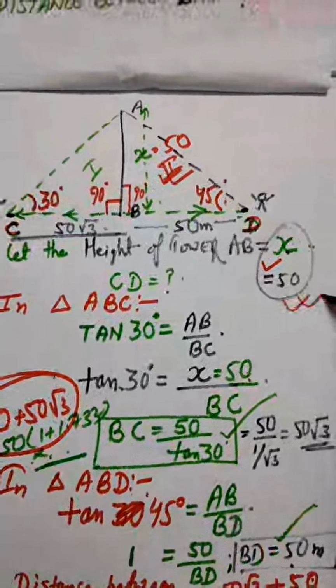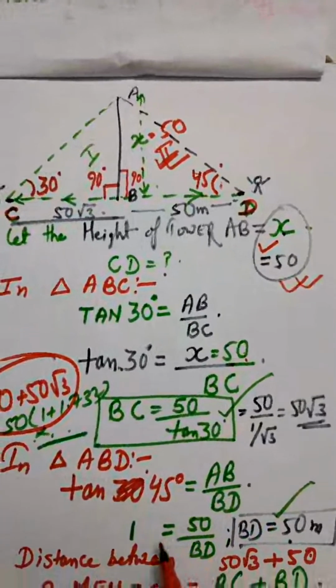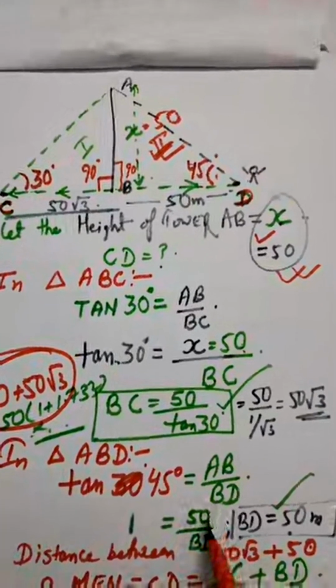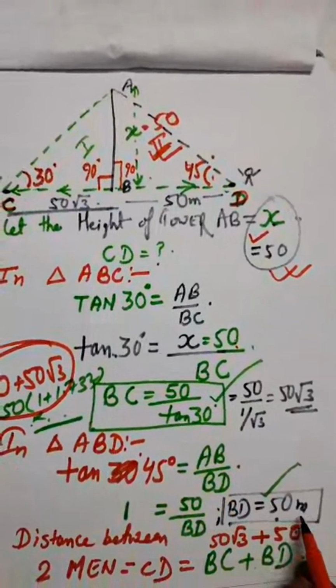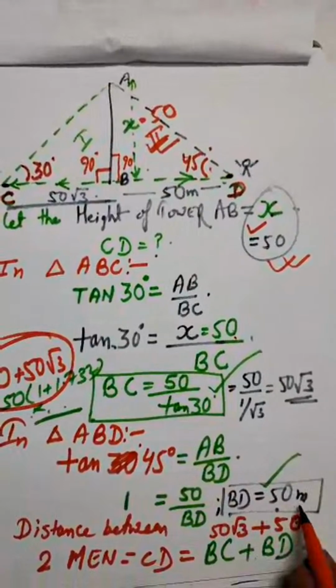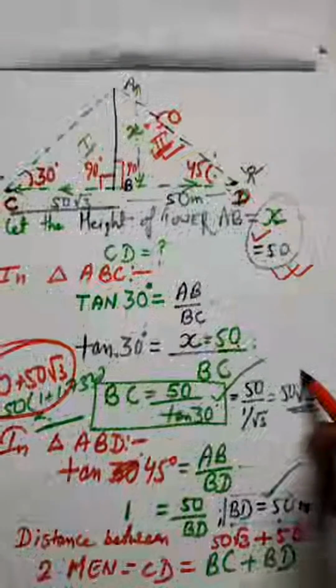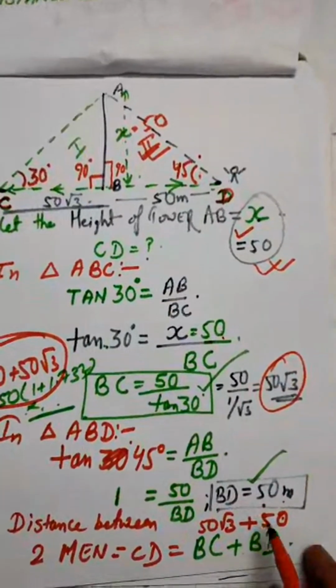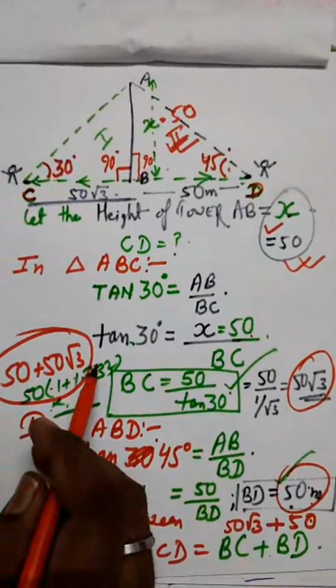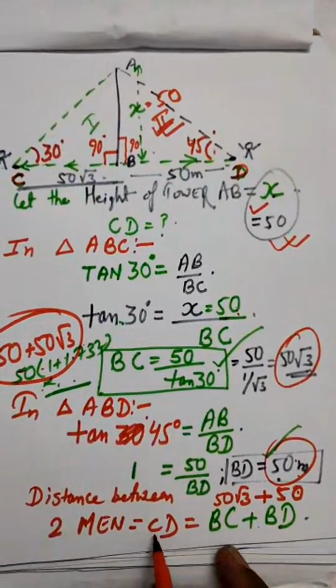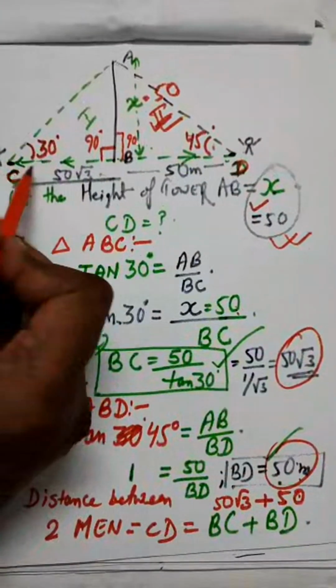Here we have considered it, right? So put the value of x as 50, or AB as 50, to get the value of BD as 50. So now just add up these values, 50 root 3 and 50, to get the distance as 50 plus 50 root 3, which is the distance between C and D.